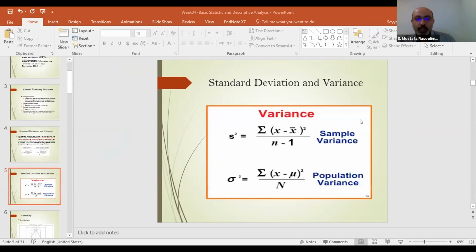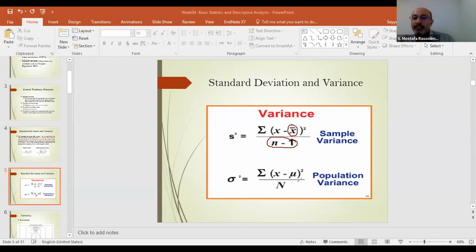So this is the formula again for standard deviation and for variance, both of sample and of population. There is a big difference between them. If we calculate variance of a sample, here we include the mean value of the sample, and here we have n minus 1.